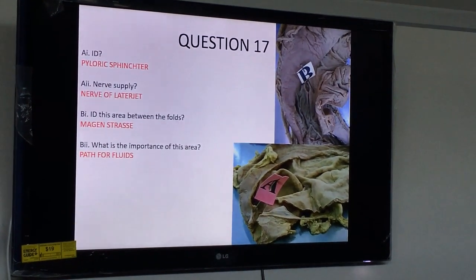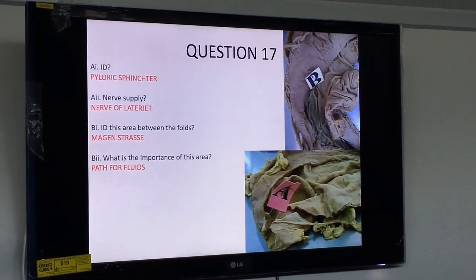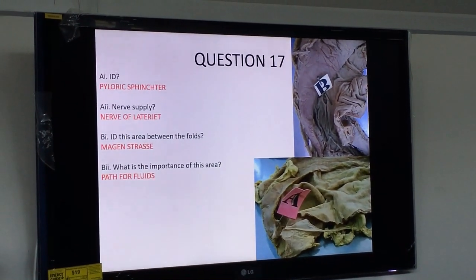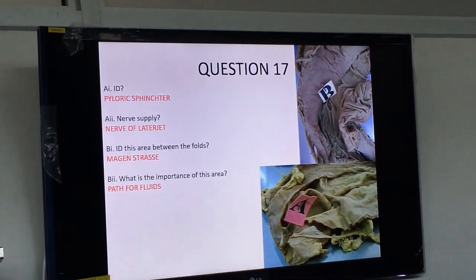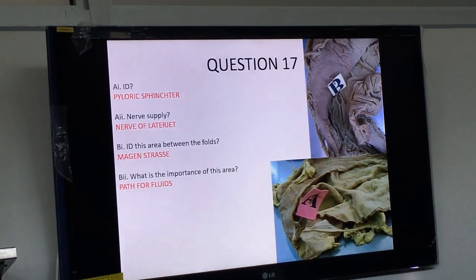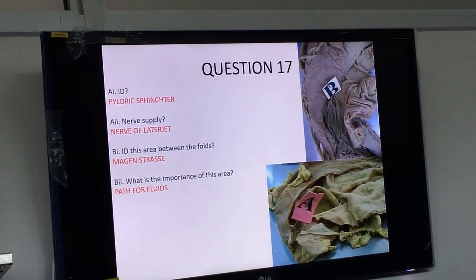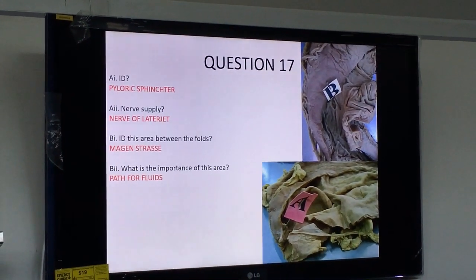It has gotten quite thick there where the pin is. And we know that's the nerve of Latarjet. So it's in the pyloric sphincter, A2, nerve of Latarjet. They spell it slightly different from me. Maybe my spelling is wrong, but I know it has Latarjet.